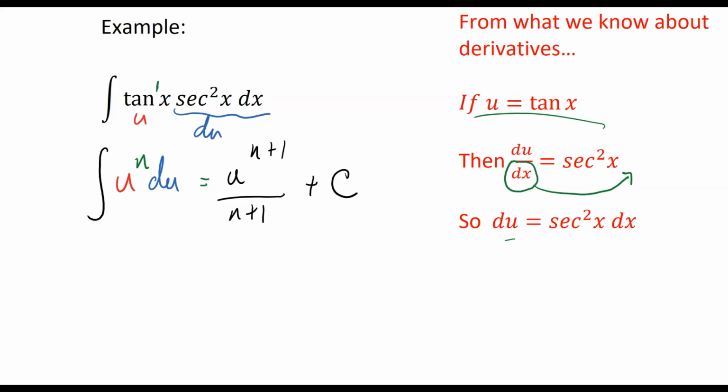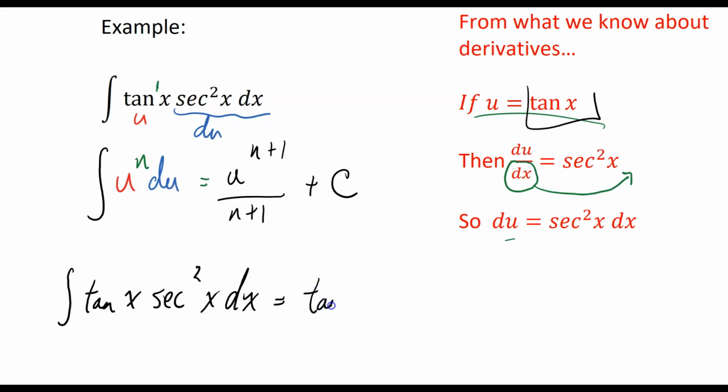So let me take that now to my answer. I'm going to say that the integral of tan x secant squared x dx is equal to, let's take our u, that's tan x. We'll raise it to the power of n plus 1 right up here.